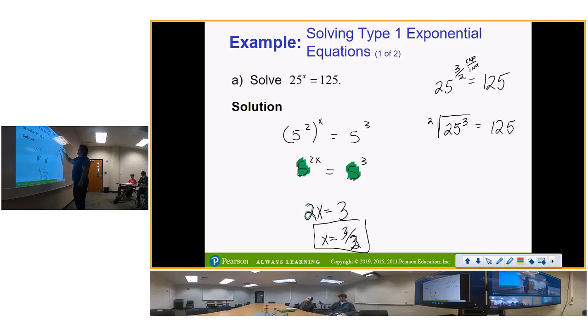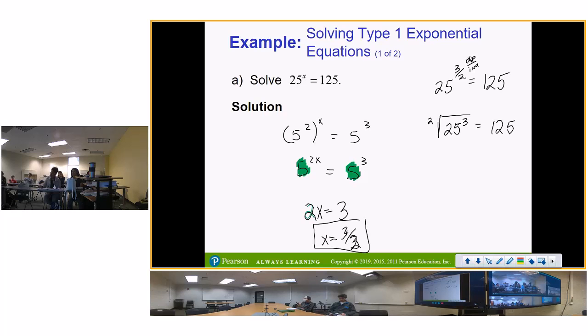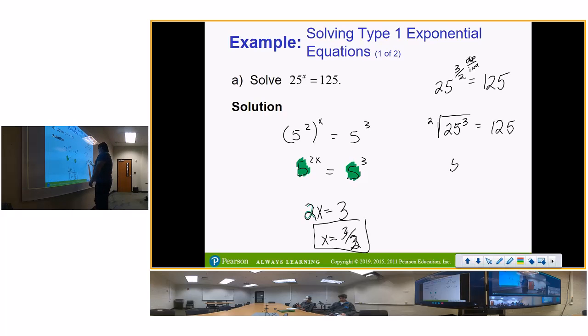If you follow that last rule of the exponential laws, that's the exponent and that's the index. So that's the square root of 25. What's the square root of 25? 5. And what's 5 to the third power? 125. So it does make sense.